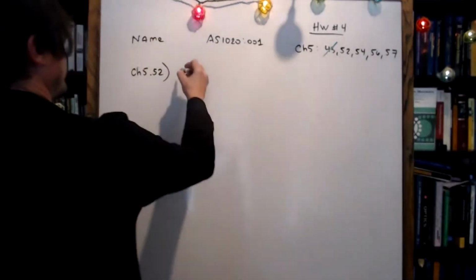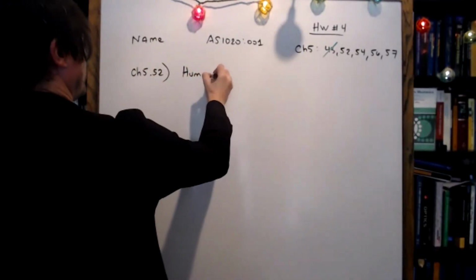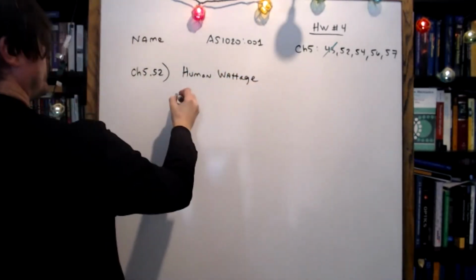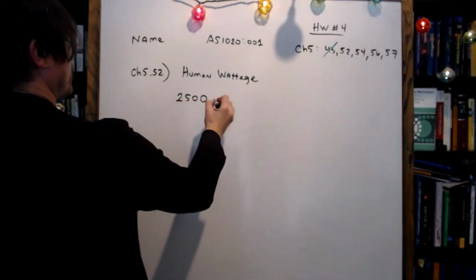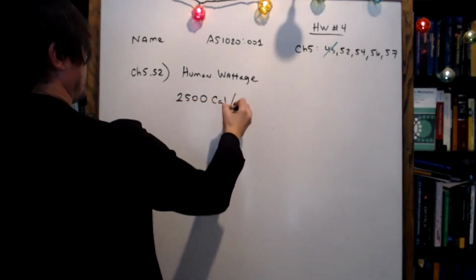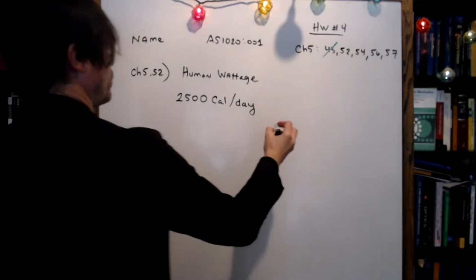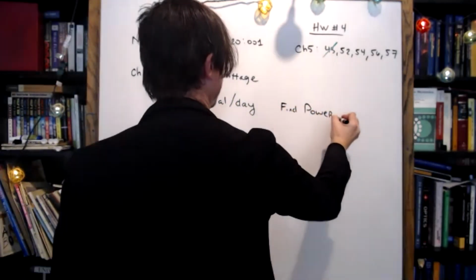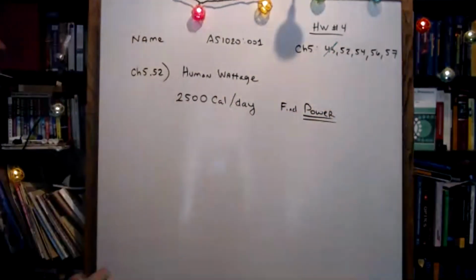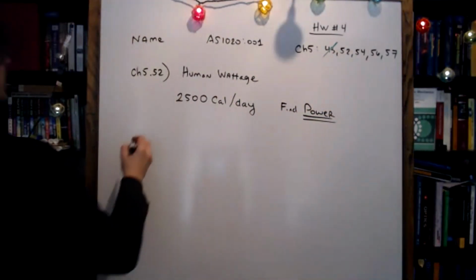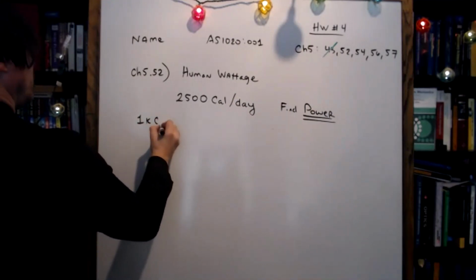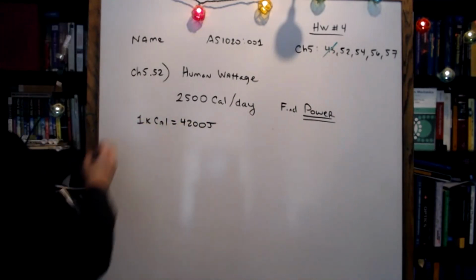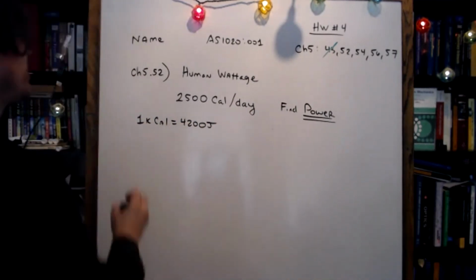A typical adult uses about 2,500 calories of energy each day. Use this fact to calculate the typical adult's average power requirement in watts. 1 calorie equals 4,184 joules. 1 kilocalorie. Let's just call it 4,200 joules. I don't feel like doing this problem to 4 sig figs.